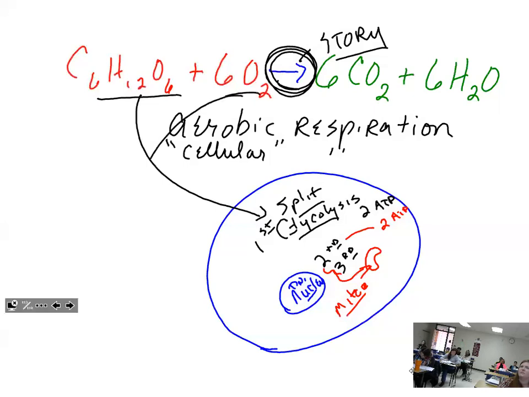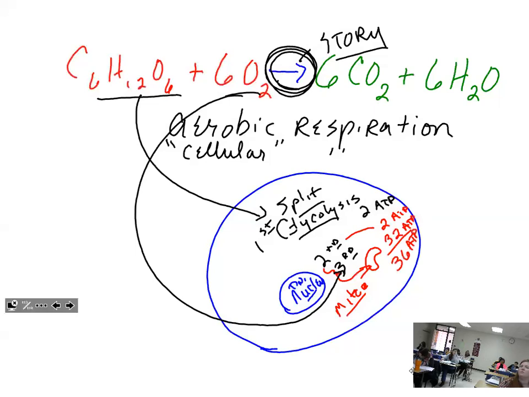If we can bring oxygen into this third step, which is really happening in what area? The mitochondria. We can end up getting 32 ATP more. So that's a total of how many? 36 ATP. Are you kidding me?